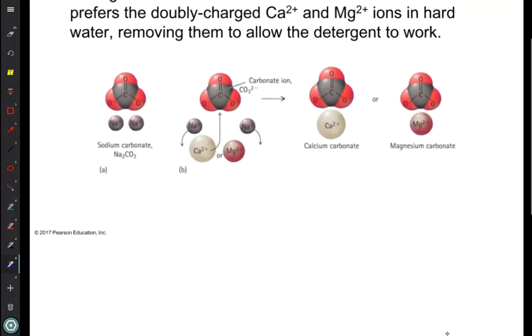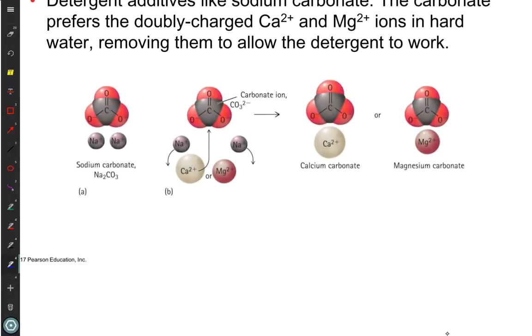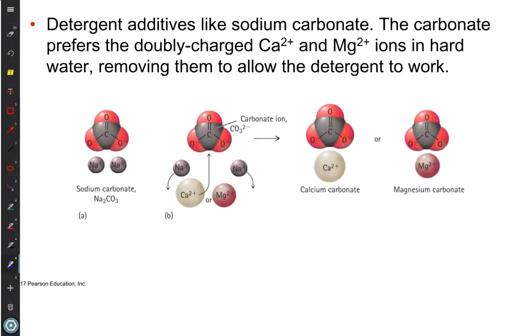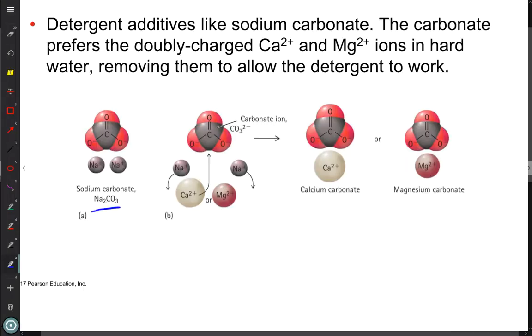Come on, baby. What does a water softener do? The water softener has as its goal to remove the calcium from the water. And so you do something like try to take sodium carbonate, Na2CO3. You put that in the water, and you have two sodiums bound to the carbonate.